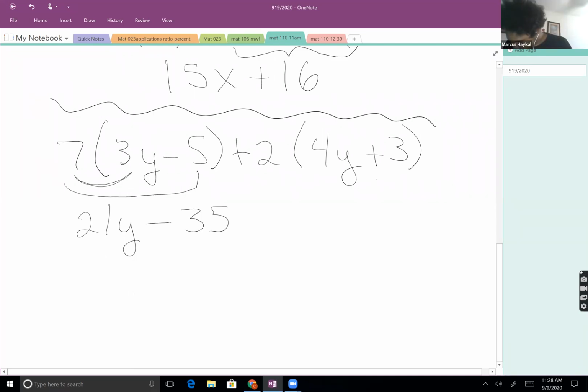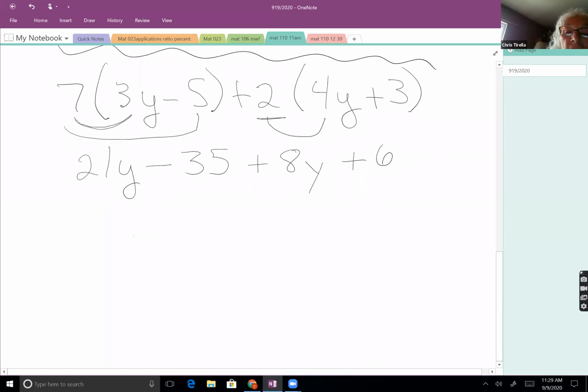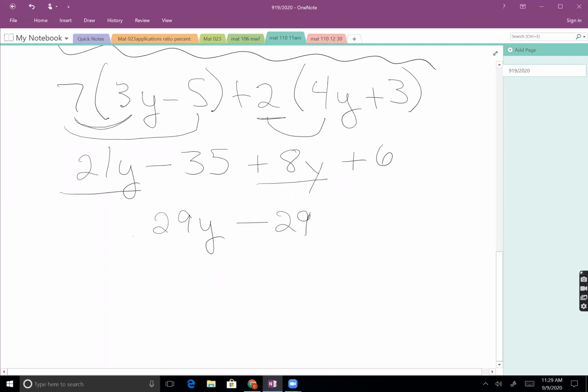Now what do I need to do back here? Distribute the 2. That gives us plus 8y plus 6. Now it's all addition and subtraction. Do I have any like terms? Yes. 21y plus 8y is 29y. Minus 35 plus 6 would be minus 29. Yes, that one's right.